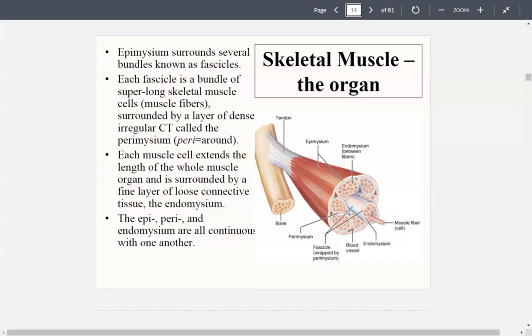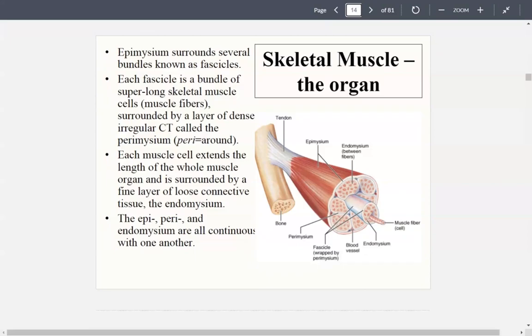Each fascicle is going to be surrounded by another layer of dense, irregular connective tissue that is going to be called the perimysium. Remember, peri refers to around. So these are membranes that surround the fascicles individually. So we have an overarching membrane, and then we have a membrane around each individual bundle.